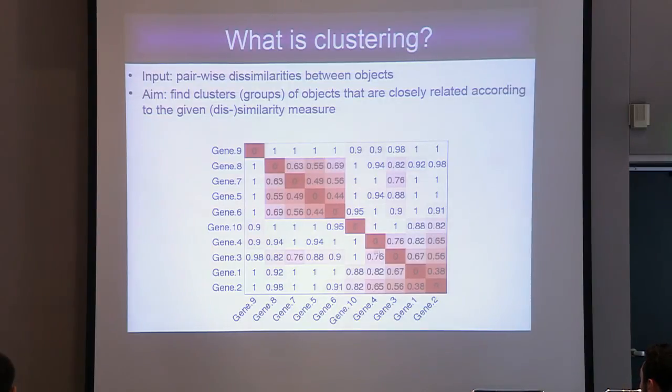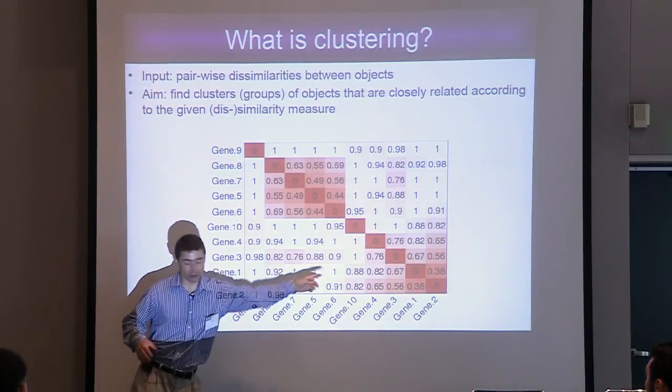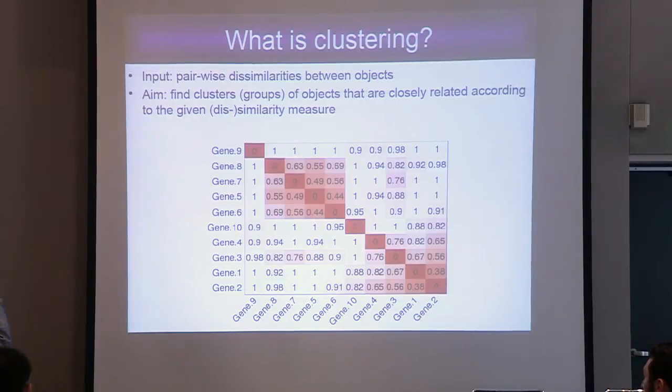And then maybe here is another cluster, genes 1, 2, 3, 4, because they are also less distant, more closely related than the other objects are. So if you only have 10 genes and someone gives you a matrix like this, you look at it and say, okay, there are two clusters. There's one cluster here, one cluster there. But if you have 20,000 genes, it's not so easy. So you need some kind of automated method to identify the clusters.